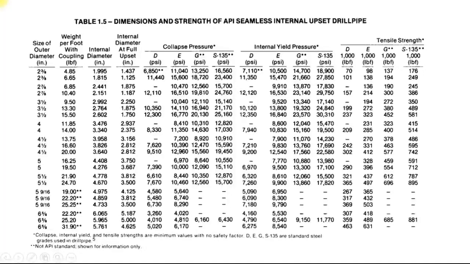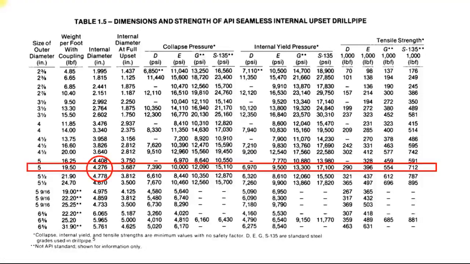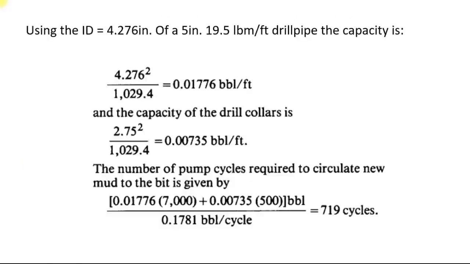The input of this table is the OD, and there are two things we need to consider. One is OD and the second is the nominal weight, and luckily we are given both of them. So in our case of drill pipe, if we see the table for 5 inches diameter and the nominal weight of 19.5 pound per feet, we can see the ID is 4.276.